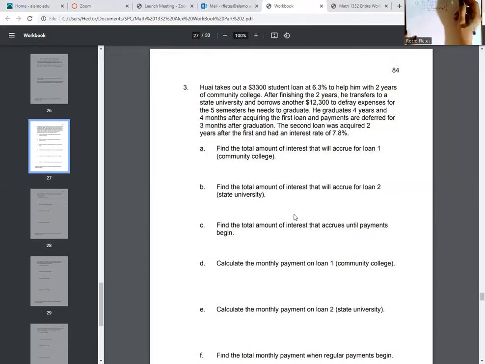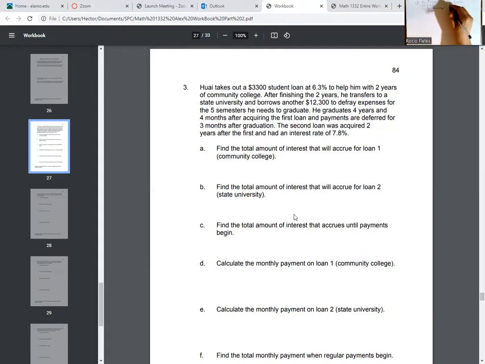At the state university, he borrows another 12,300 to defray expenses for the 5 semesters he needs to graduate. Okay, so he graduates 4 years and 4 months after acquiring the first loan.